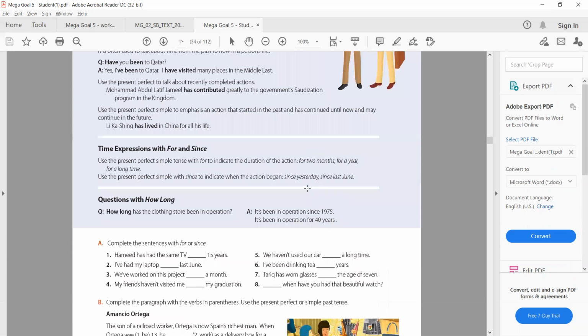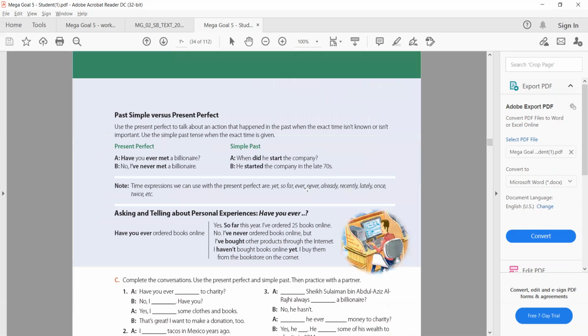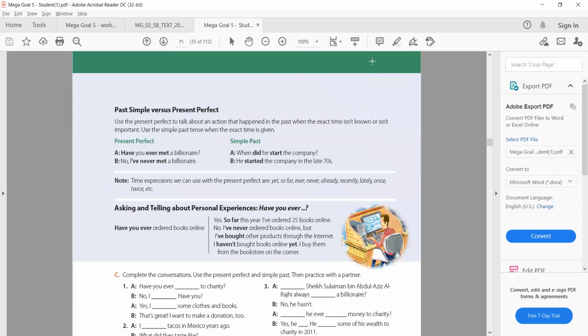Unit 2 here, Thalys, we've talked about the present simple, the past simple and the present perfect. Look at the differences between them. Just know them, you don't have to study them. Just know that in the past simple, the exact time is given, but in the present perfect, the exact time is not known or not important.